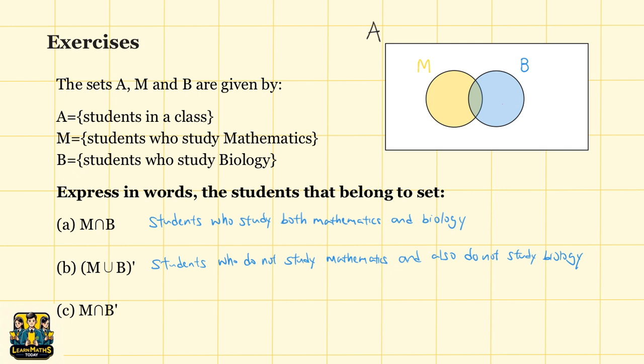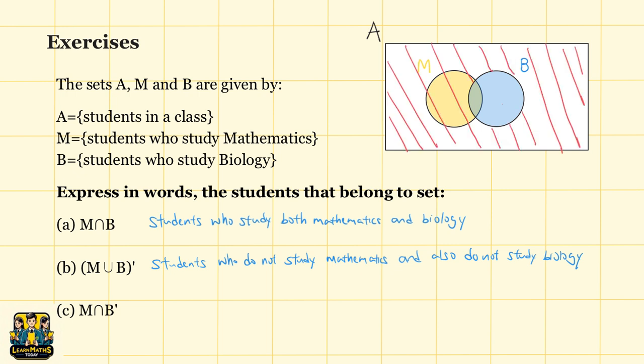Now the last one, let's find the intersection of the set M and the complement of set B. First, let's identify what is the complement of set B. We already shaded set B with blue, and you just have to exclude all the area that is in blue to find what is the complement of B. Let's shade this area with red lines.